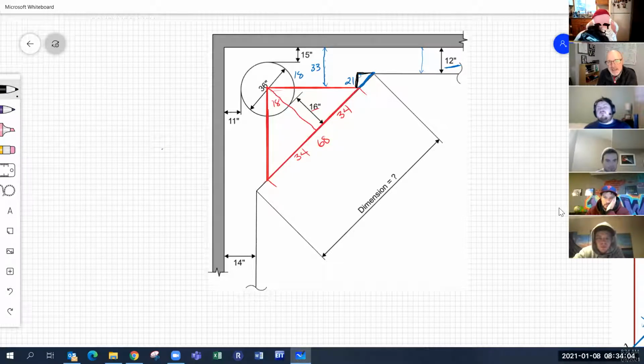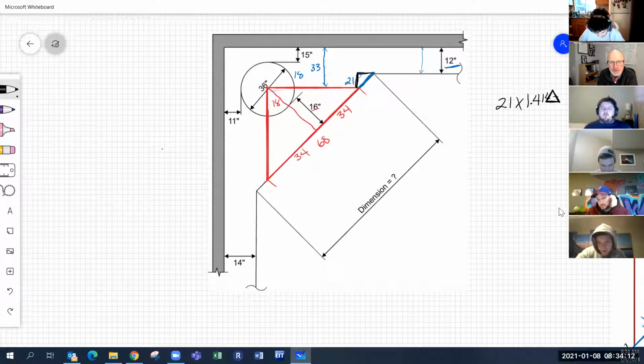And if I have a rise or a run of 21, I simply multiply by 1.414, and that would give me the travel of this line. So this line is equal to 29.694.